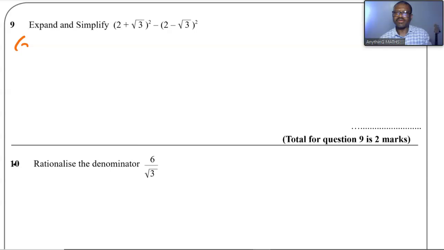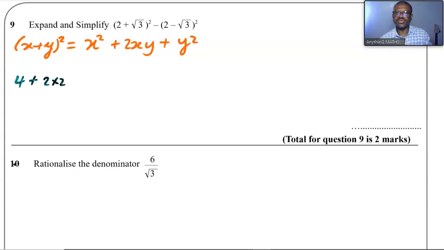Let me remind you of what I taught you a short while ago. When we expand, we're going to get x squared plus 2xy plus y squared. We're going to use this. The first bracket will give us 4 plus 2 times 2 root 3 plus root 3 all squared.